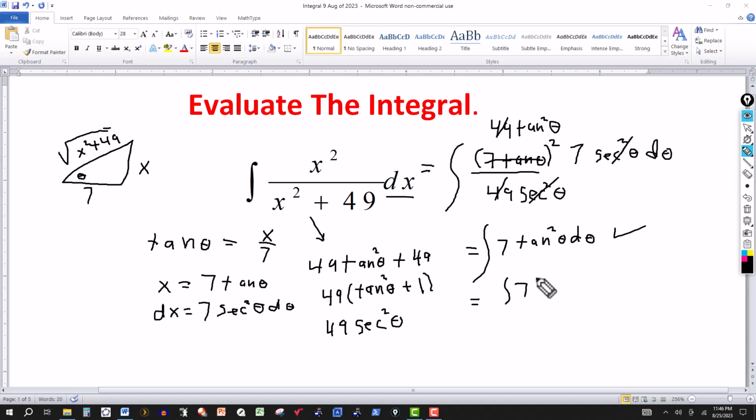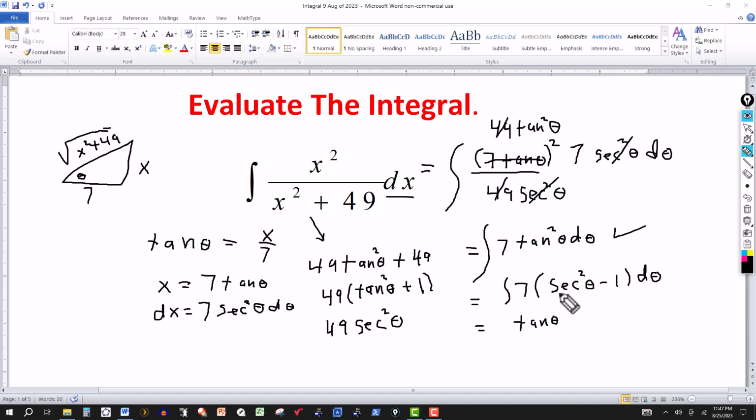Then I'm going to use another identity, basically the same identity. Tangent squared theta is the same thing as secant squared theta minus 1, and this is d theta. And then we just integrate it. So I'm integrating with respect to theta. The derivative of tangent is secant squared, so the integral of secant squared is tangent theta.